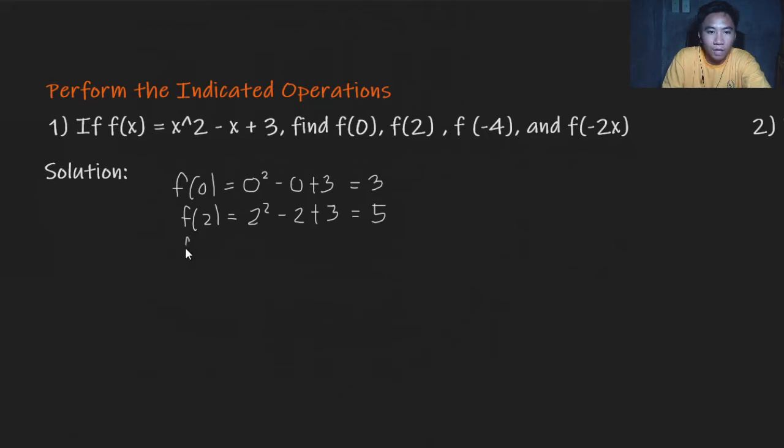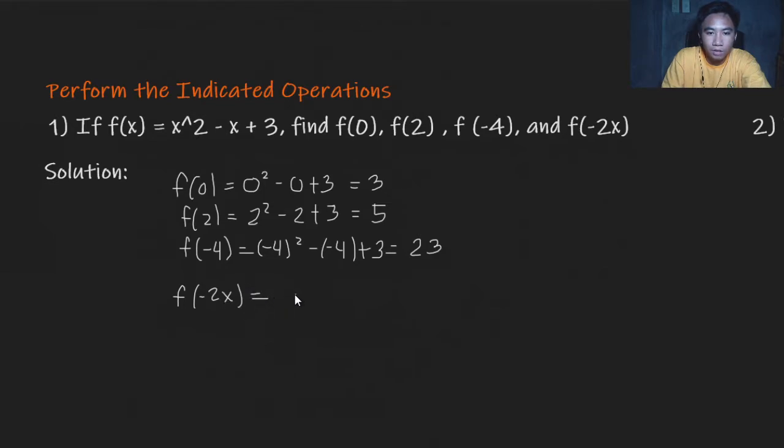And then, f of negative 4. So, substitute lang negative 4 squared minus negative 4 plus 3. So, the answer is 16. This is 16. Ito is positive 4. 16 plus 4 is 20 plus 3 is 23. Yan. And then see, f of negative 2x.